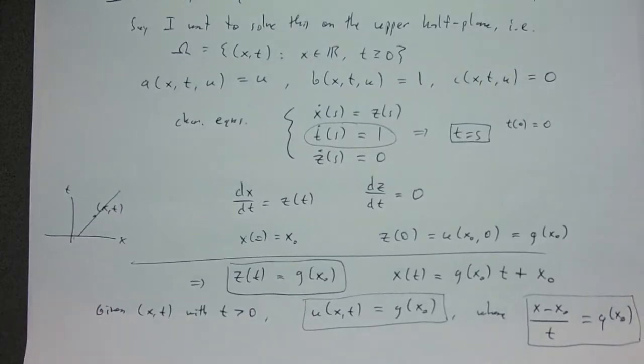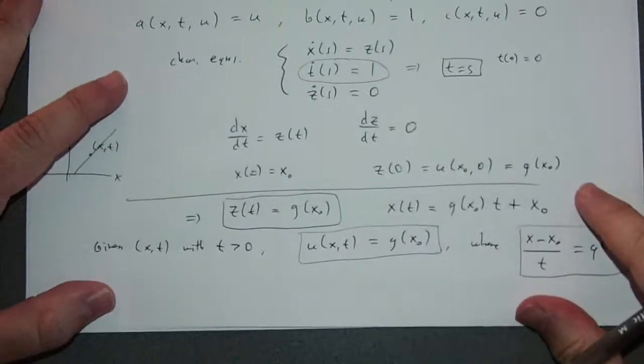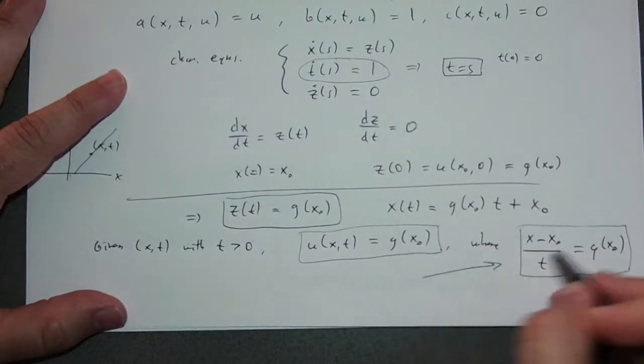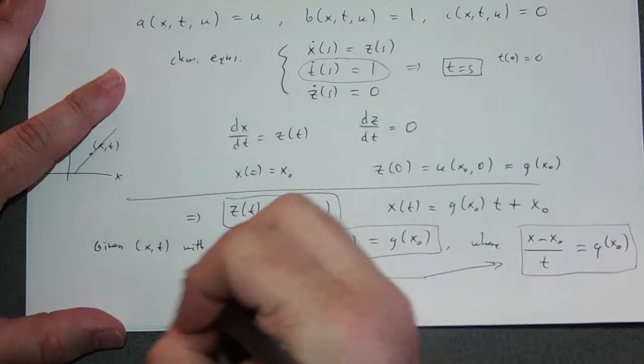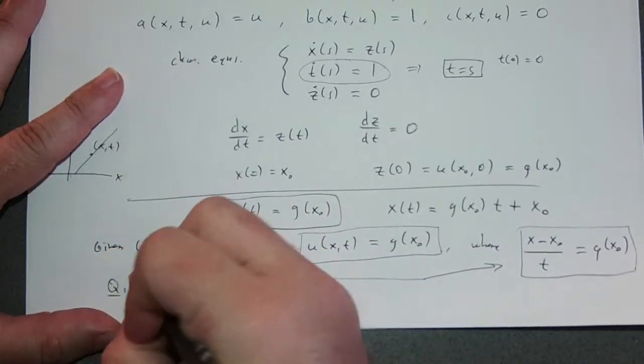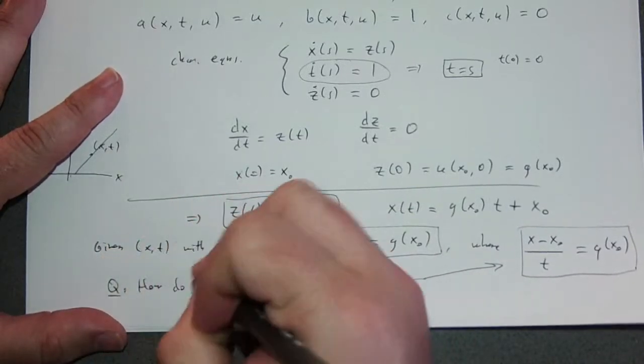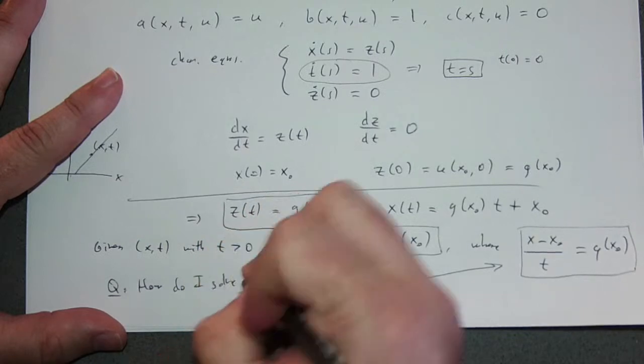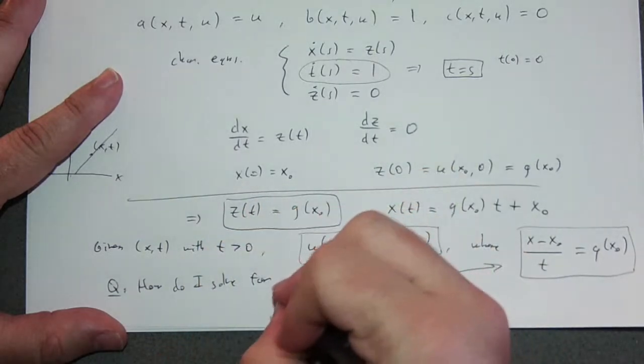What is the problem here? What is the issue here? How do I solve for x naught? So quick question. How do I solve for x naught?